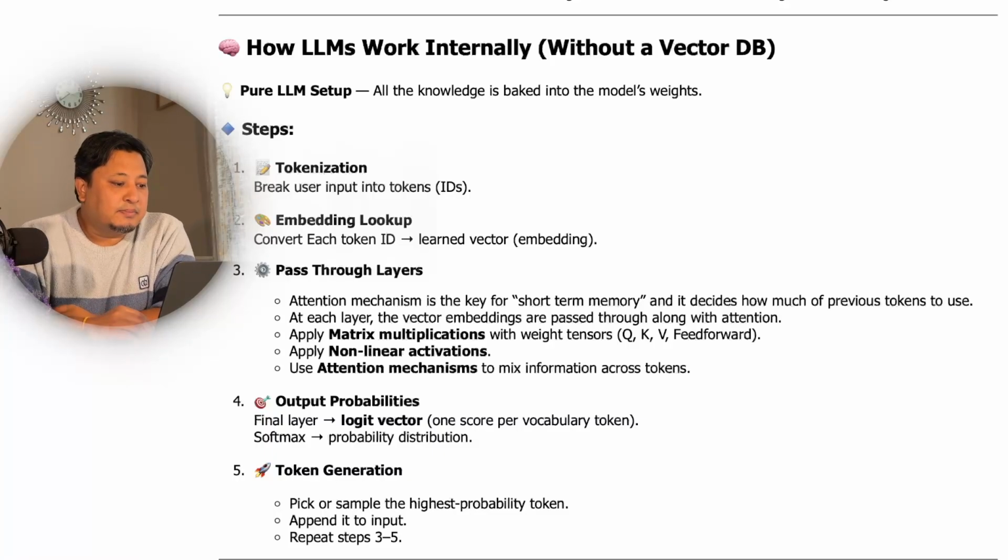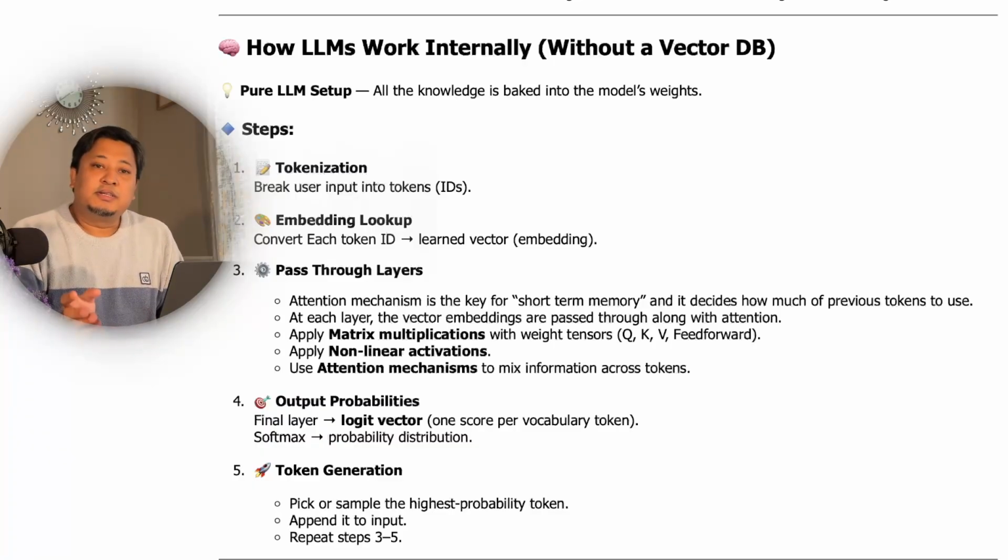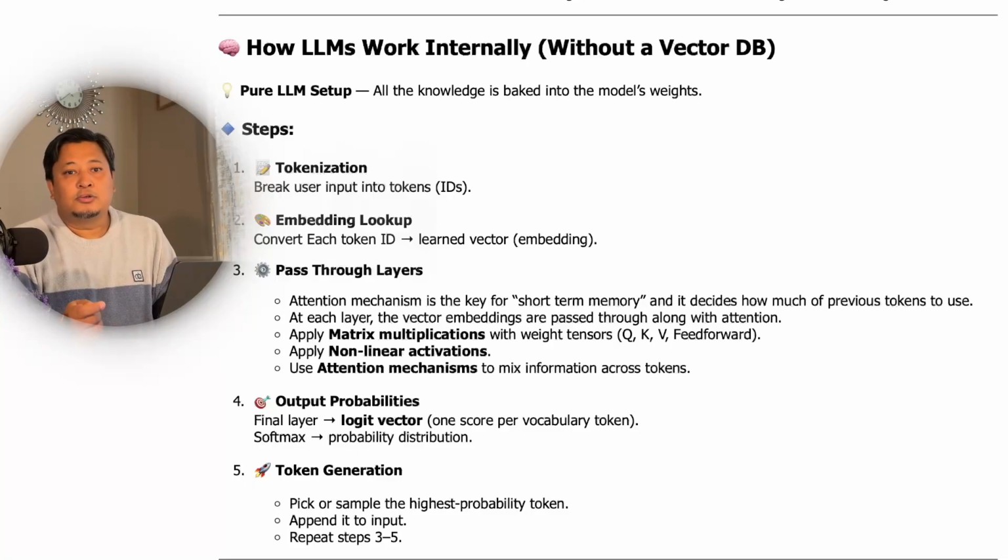The second step is the embedding lookup, where tokens are converted into vector embeddings. And then, as I mentioned, a large language model has several layers of neural network. Once you have the vector embedding, it passes the vector embedding to each layer, and each layer will process and produce the output tensor.